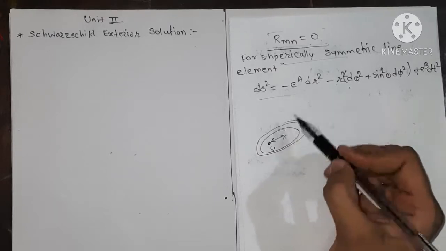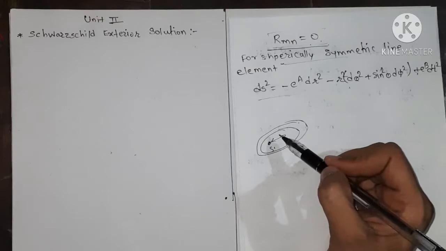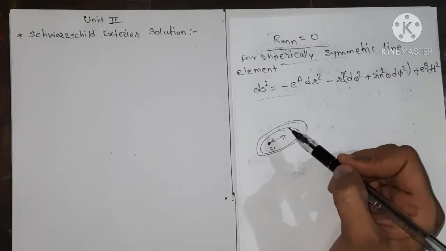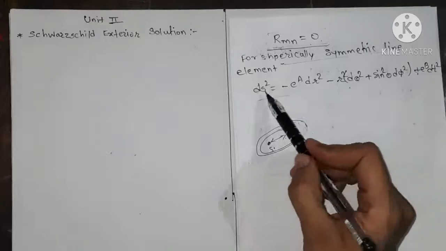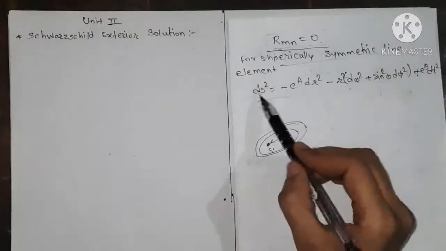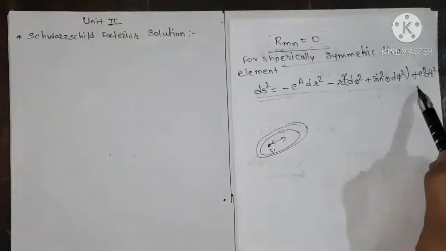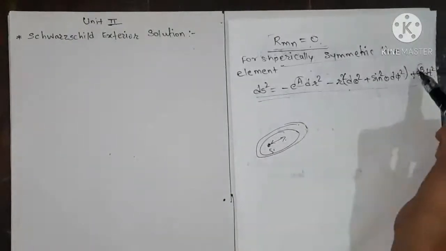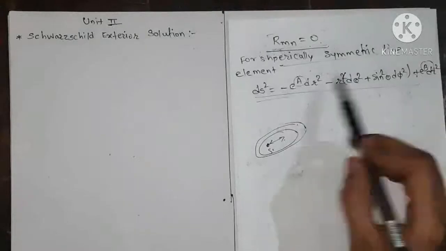So it gives us a solution of the gravitational field of an isolated particle. And the spherically symmetric line element gives the field of this isolated particle, but here A and B are not known.